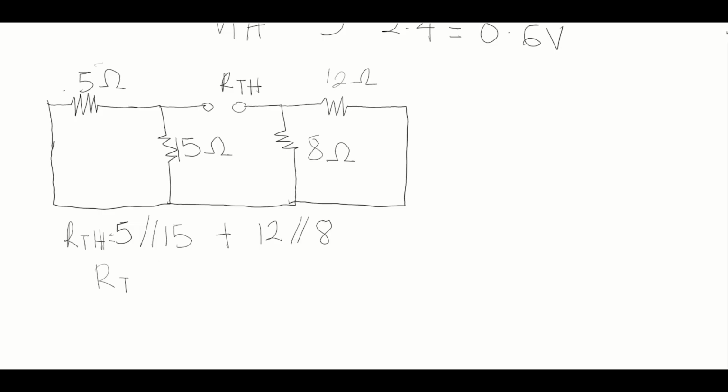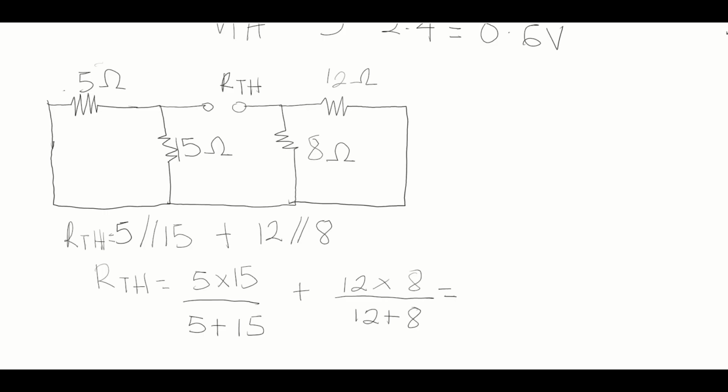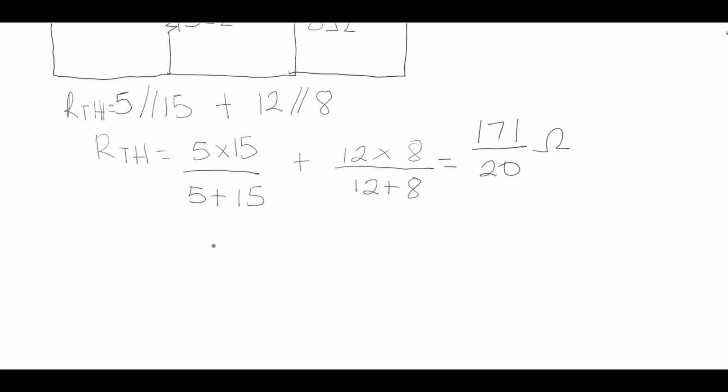So the RTH is going to be 5 times 15 divided by 5 plus 15, plus 12 times 8 divided by 12 plus 8. This gives the resulting resistance of 171 on 20.